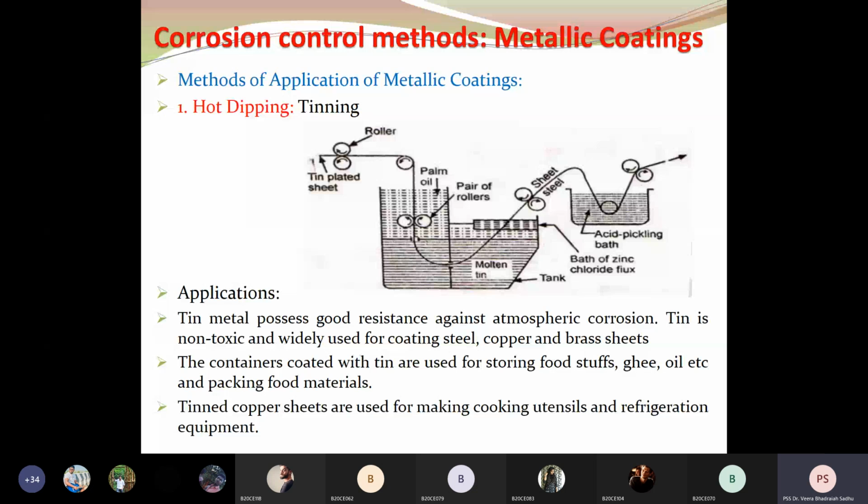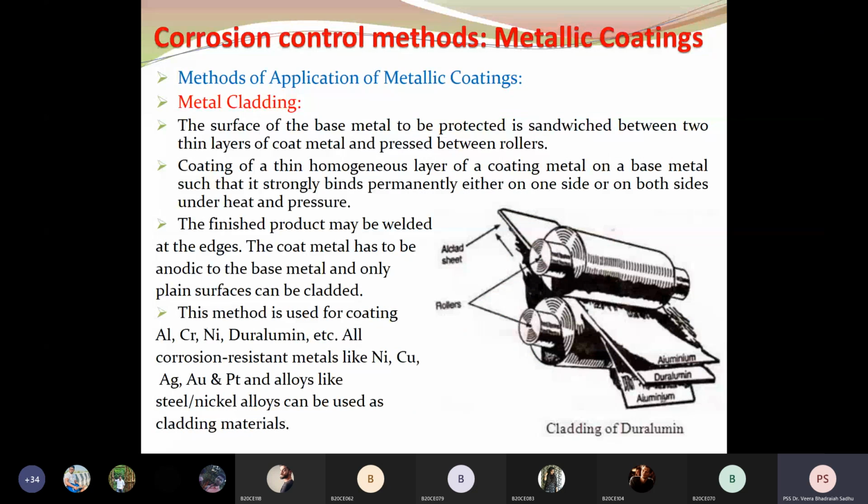Tin cannot be dissolved as zinc could be dissolved in some other things, so that's why you cannot use zinc for food storage, but tin coated articles you can use to store food items. Tinned copper sheets are used for making cooking utensils and refrigeration equipment. So these are a few of our metal coatings.